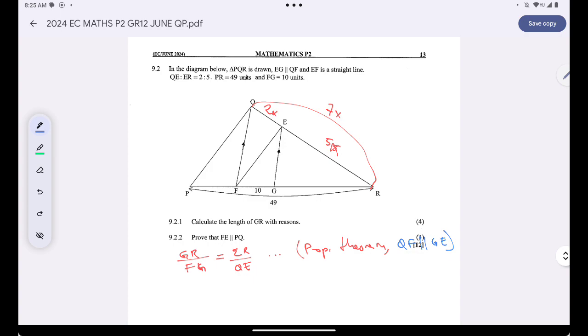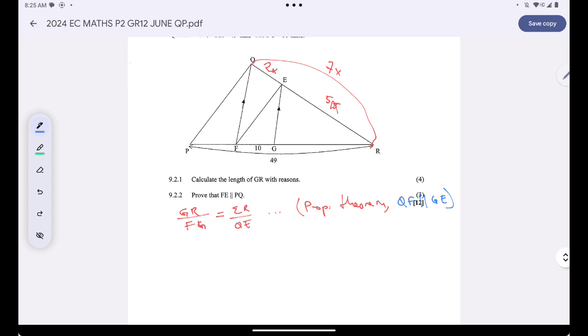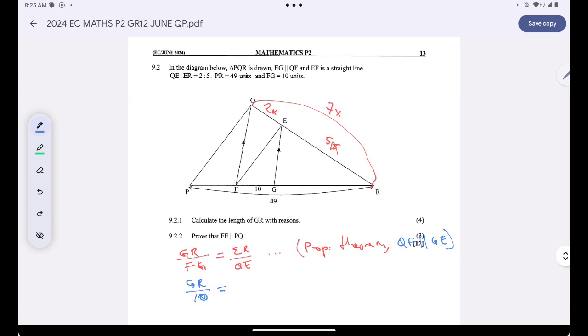Are we together? We don't know the length of GR, but you know that this guy is 10 units, right? ER will be 5x, and then QE will be 2x, but I don't need to write the x's because they will eliminate one another.